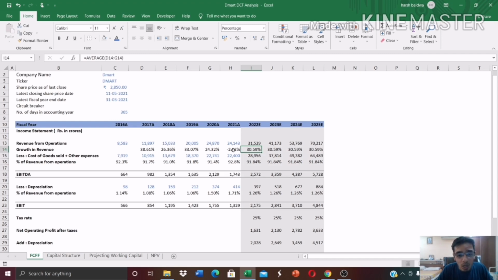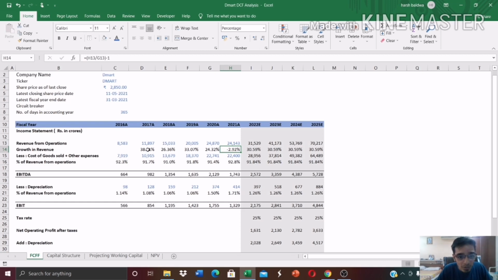Okay, now one more thing is that I have excluded the growth in revenue for 2021, as we know that this is an abnormal year, right? This is not a normal year. The pandemic broke out in this year, and this event is basically, you can say, an outlier. So we should not account for these kind of events.